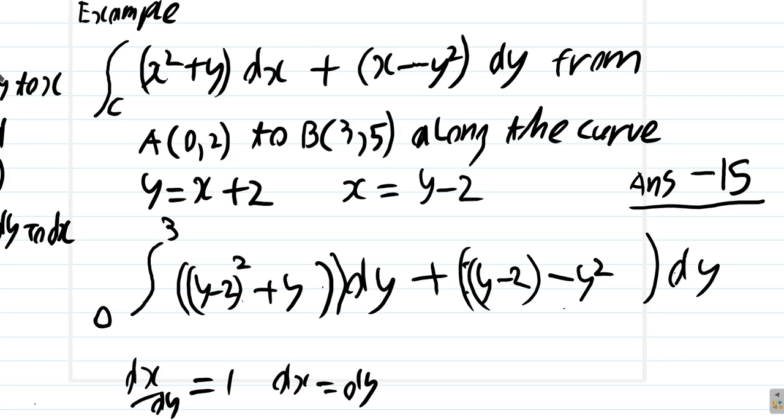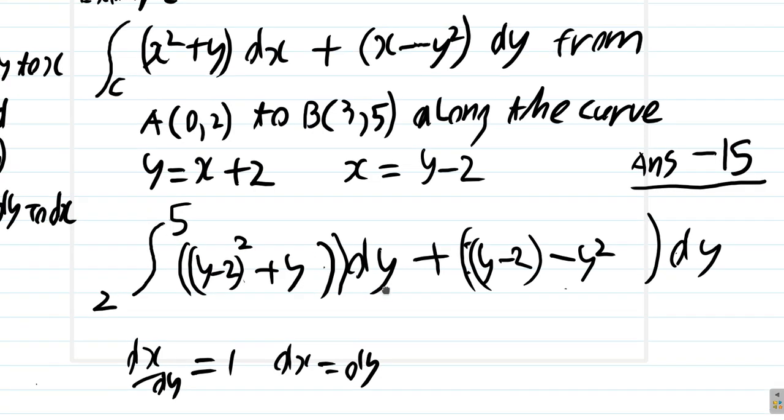Well, y is x plus 2, so y would be 2. When x equals 3, then we'd have 3 plus 2 is 5. So this would be 5. We want to see if this would work out to give us back that same answer, alright?